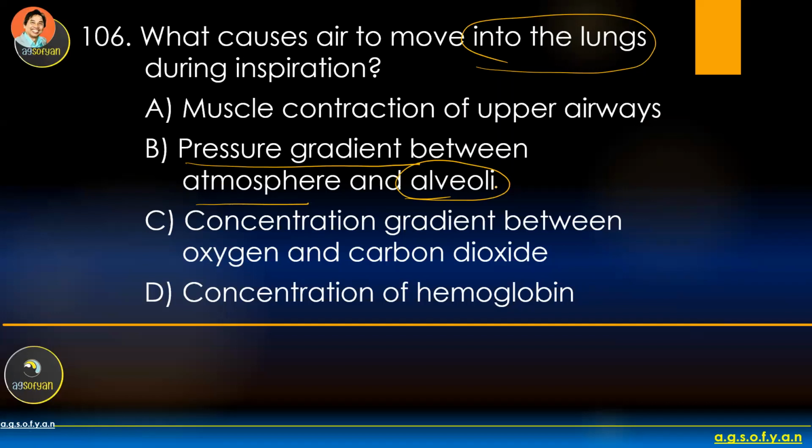During inspiration, the pressure in the lungs will be small, decreased, or low, and the pressure in the atmosphere will be higher. So the air will go from the atmosphere to the lungs. So this is during inspiration.